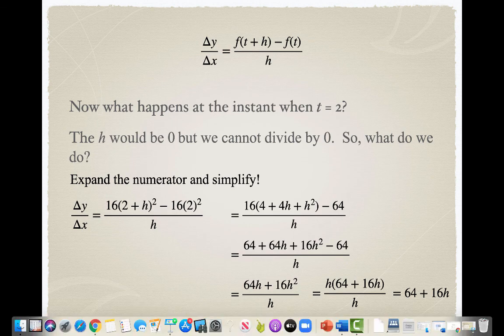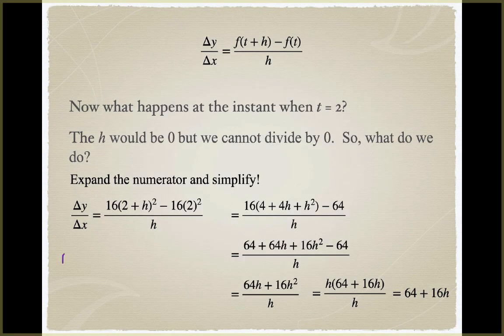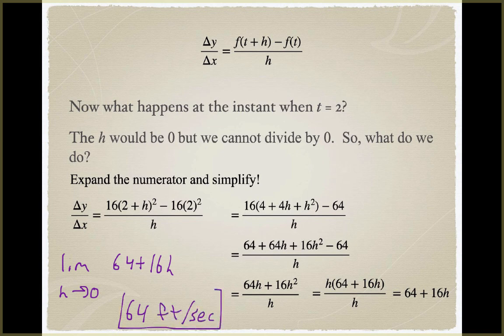This becomes the limit as h approaches 0 of 64 plus 16h. So when we put in 0 for h, we get 64 feet a second. This is my instantaneous velocity.